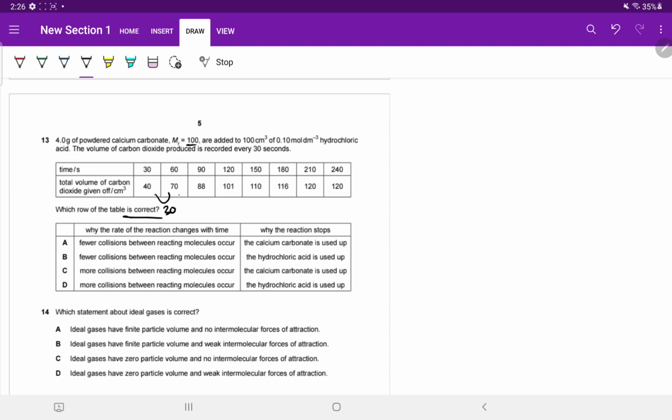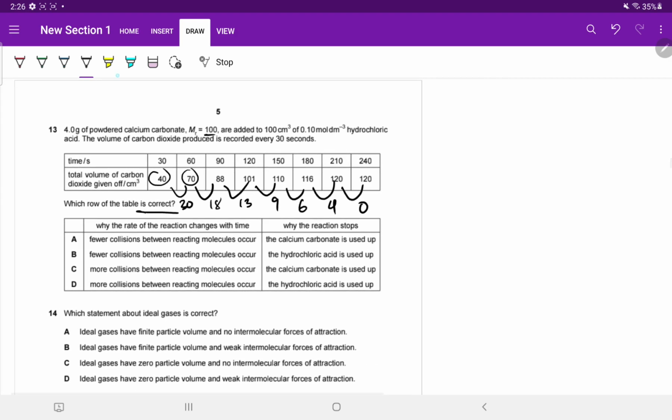So over here we have a difference of 18. Over here we have 13, 9. This is basically the difference between this one and this one. So 88 minus 70 is 18, 101 minus 88 is 13, 110 minus 101 is 9, 116 minus 110 is 6, this is 4, and this is basically 0.